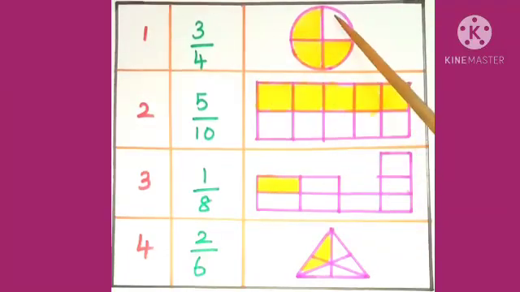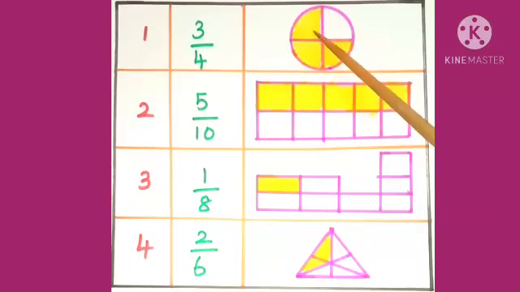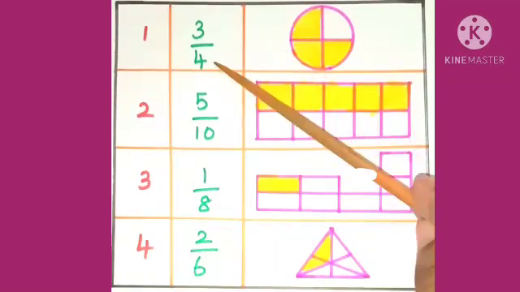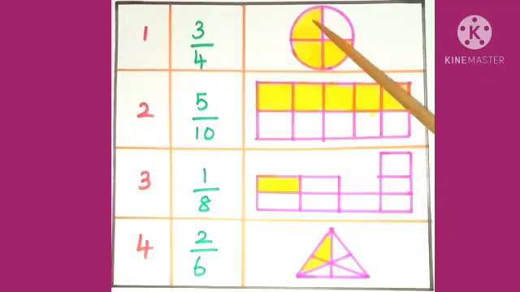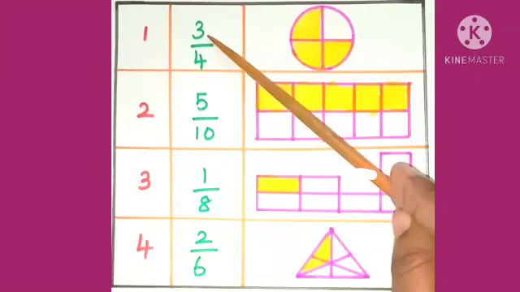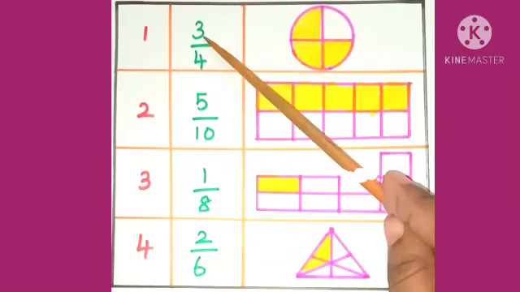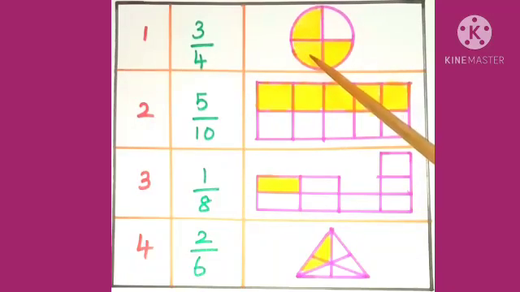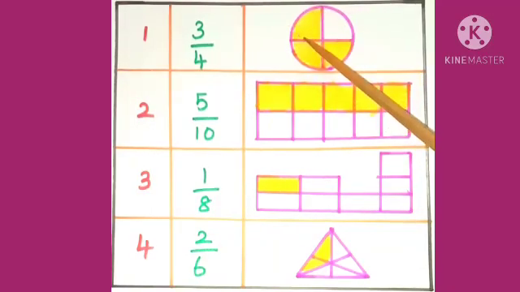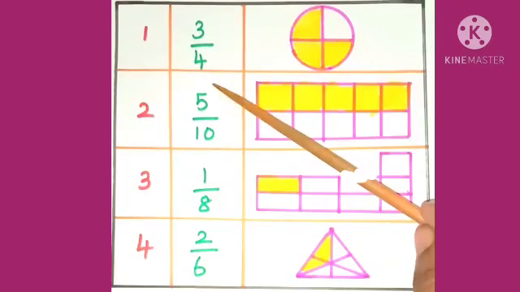Now children, the whole circle is divided into 4 equal parts. 1, 2, 3, 4. And here 3 is in the numerator. That is, we are going to shade 3 parts in this circle. So 1, 2, 3. Color these three parts, which gives the fraction 3 by 4.